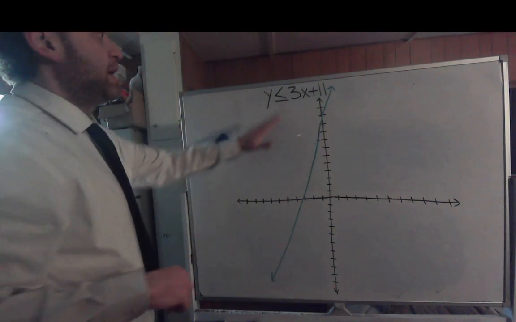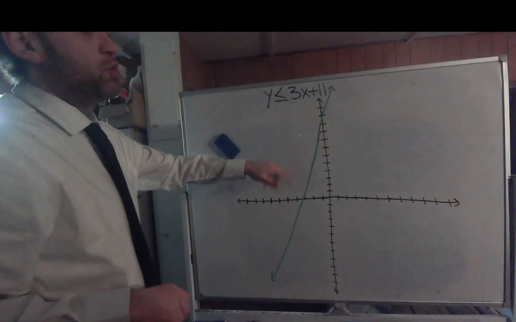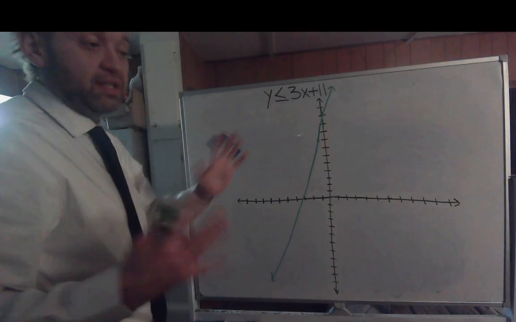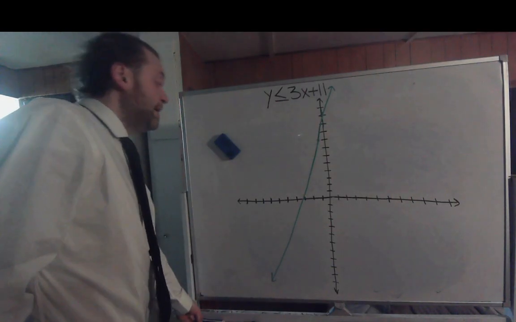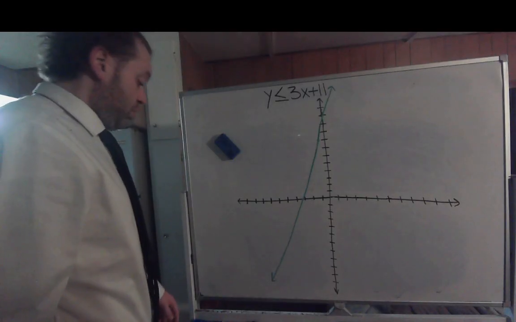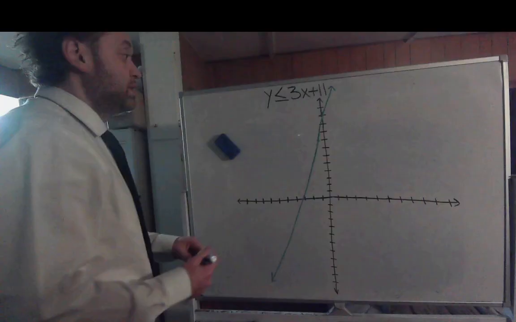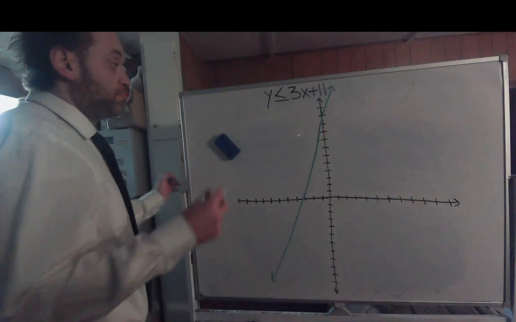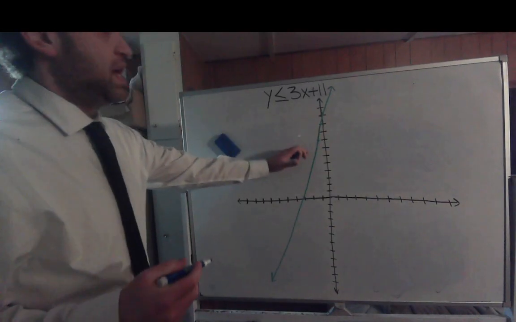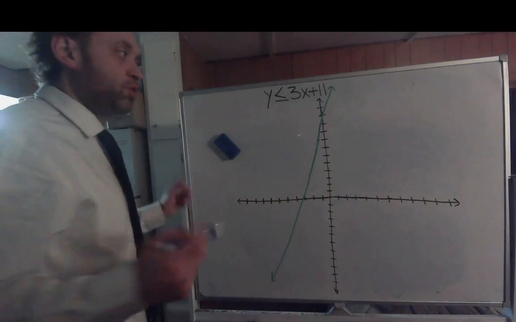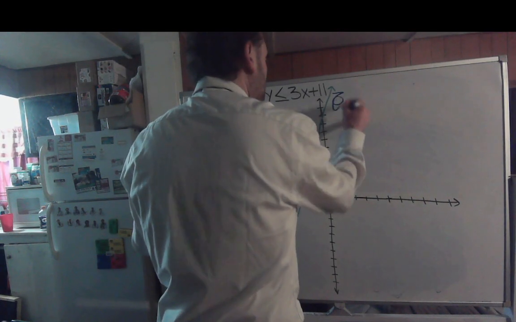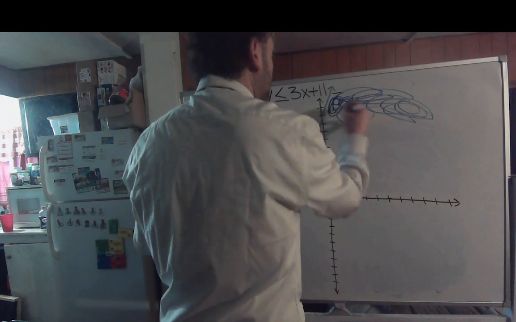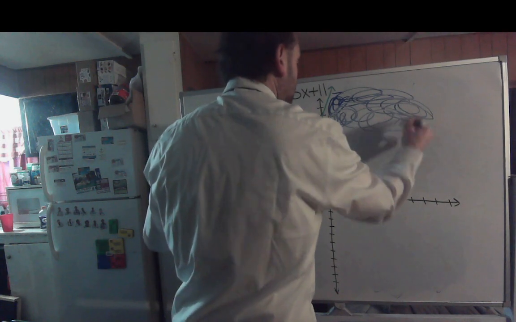Now, y also has the less than component. So we've drawn a solid line to include y equals 3x plus 11 in our solution. Now, where are we going to shade? Well, we're going to shade everything below the line since it's less than 3x plus 11, which is going to look more to the right of the line.